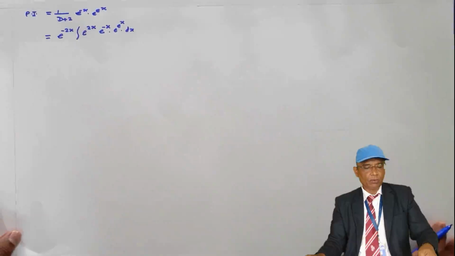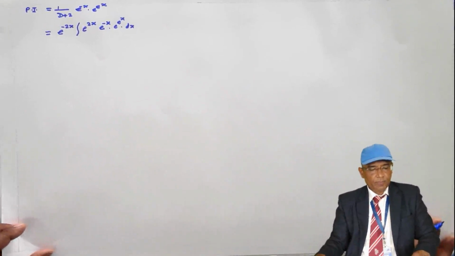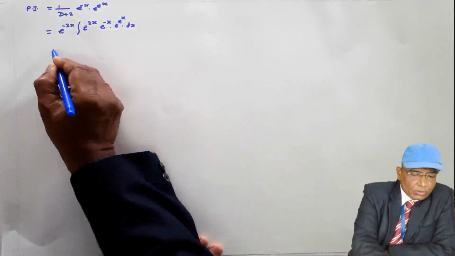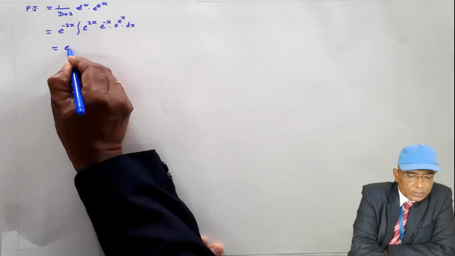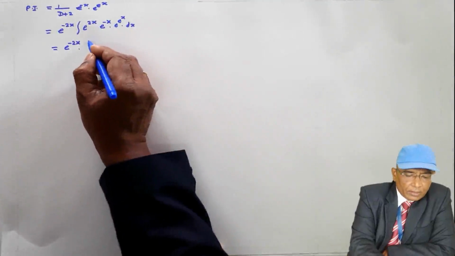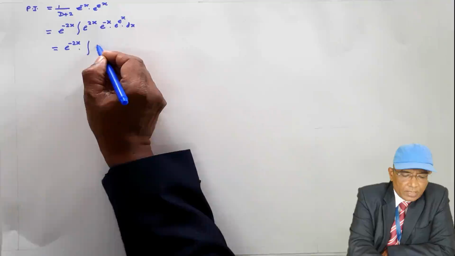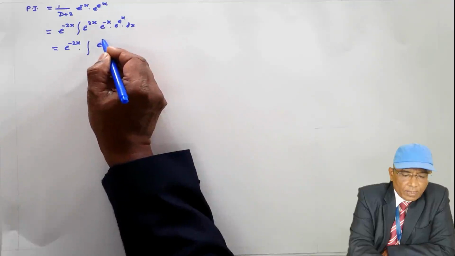Now e to the power 2x is there, and the multiplication of e raised to 2x and e raised to minus x is e raised to power x.